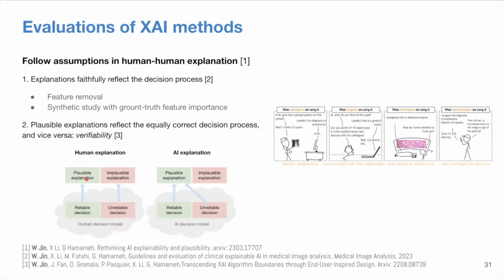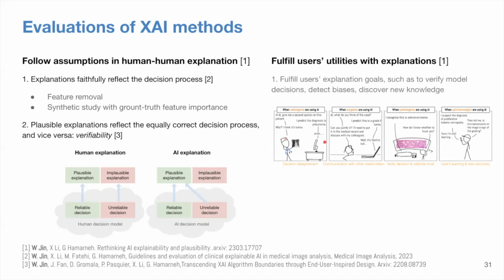And another principle for evaluation is that we want the explanation to be useful, so that the explanation can fulfill the user utilities when using explanations, such as to verify decisions, to resolve decision disagreement when the doctor and AI disagree, or help users make new knowledge discoveries, or help users with learning or communication.